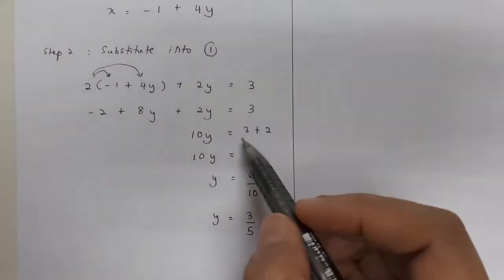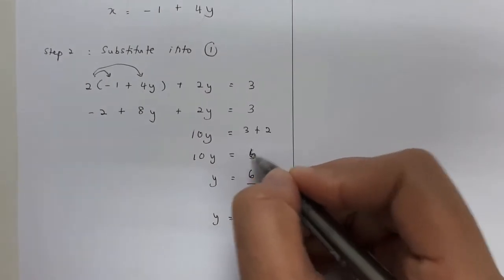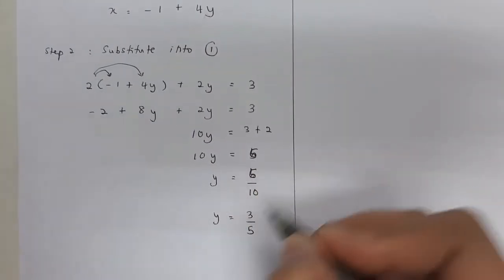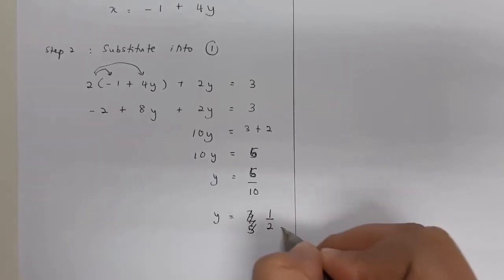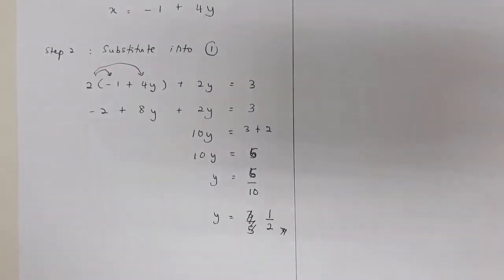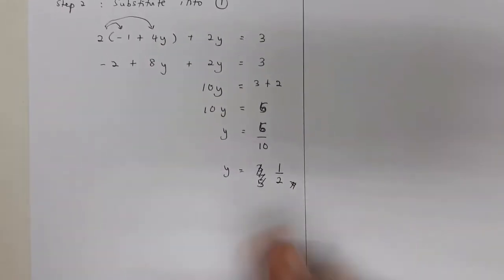Okay, sorry, 3 plus 2 is 5. So 10y equal 5. Y equal 5 over 10, simplify, y equal 1 over 2. Okay, proceed to step number 3.